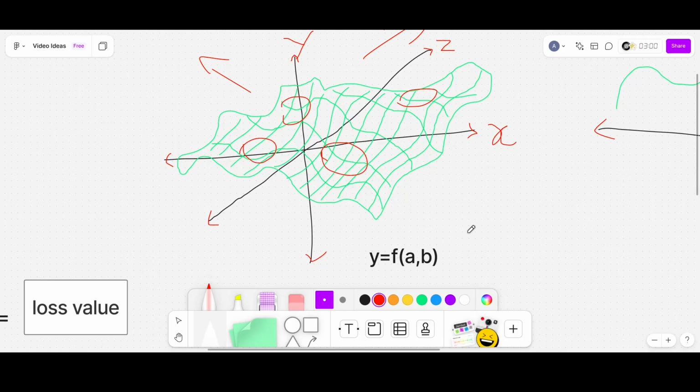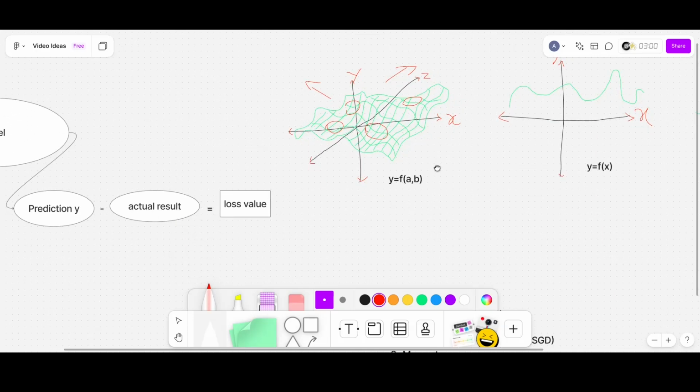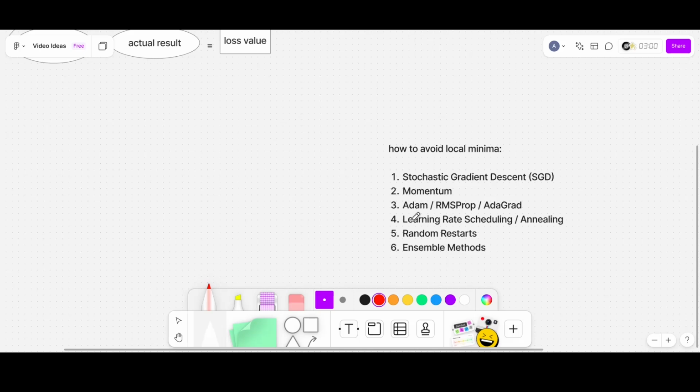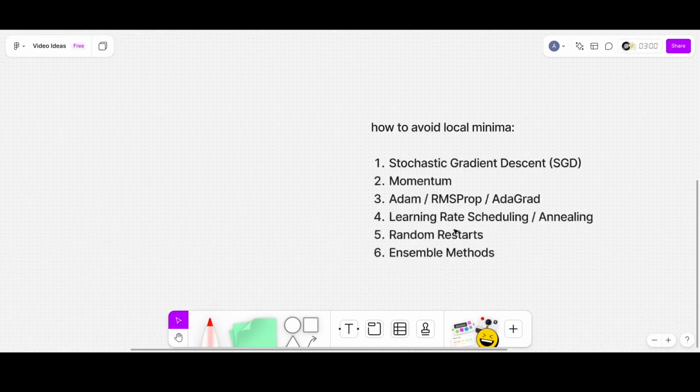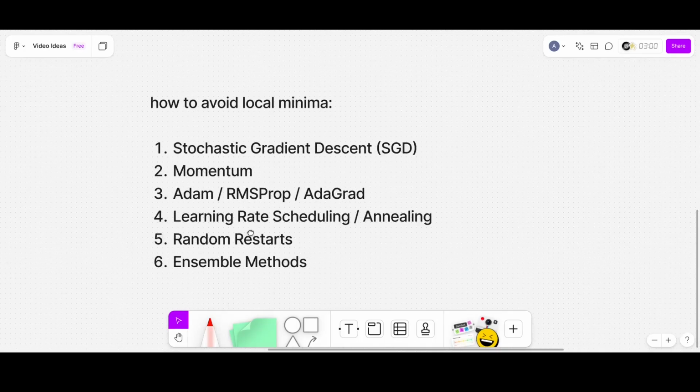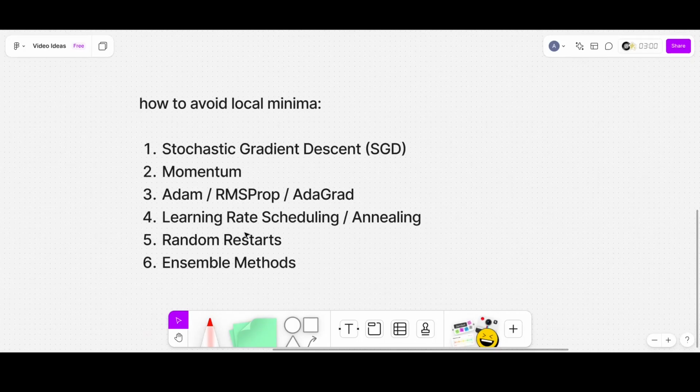Now, the question might be, are there any methods or techniques to find the global minima effectively? And the answer is there have been a lot of attempts and a lot of good technological or theoretical advancements in finding the best minima for a model. These methods are stochastic gradient descent, momentum, Adam, learning rate scheduling, all these methods.